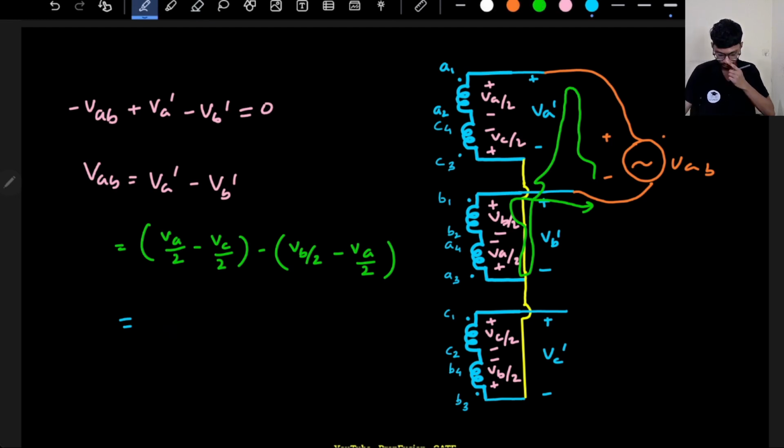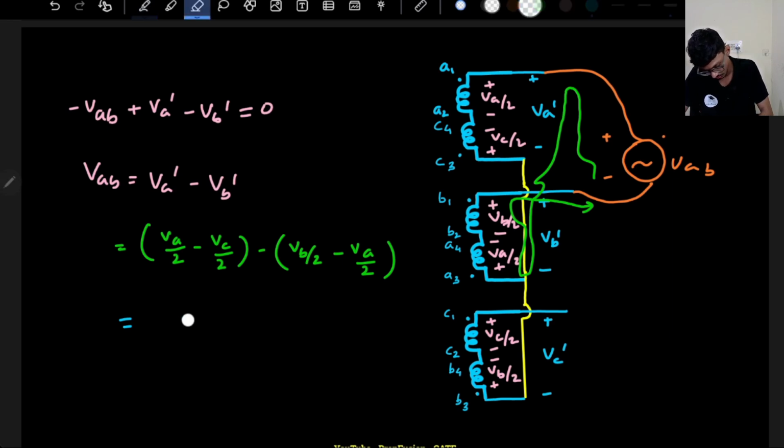Okay, what we can do, right? VAB and VAC. What I'm thinking is, should we actually do this like this? How will I write these values? Okay, so what we can do, this is actually VAC, not VAC, sorry, minus of VCA divided by 2 minus of VAB divided by 2.